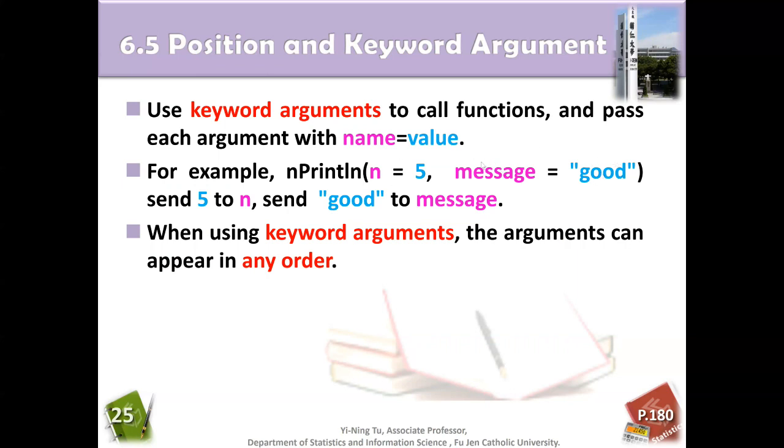Then the positions can be exchanged, because we have already told which parameter equals which value, so there won't be anything wrong. So when using keyword arguments, the arguments can appear in any order because we have already assigned them, so the function will not make any mistake.